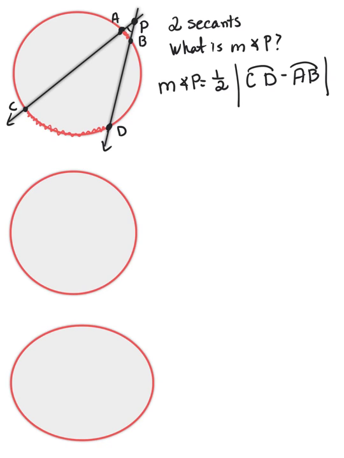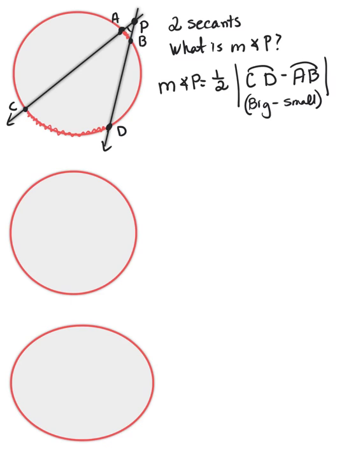If you always remember to put the large arc first, you'll never need the absolute values. But if you put AB first instead of CD, when you subtract those two arcs, you'll get a negative number, and you will need to take the absolute value before you take half. Again, if you always put the big one first and then subtract the small one, you can drop those absolute values.